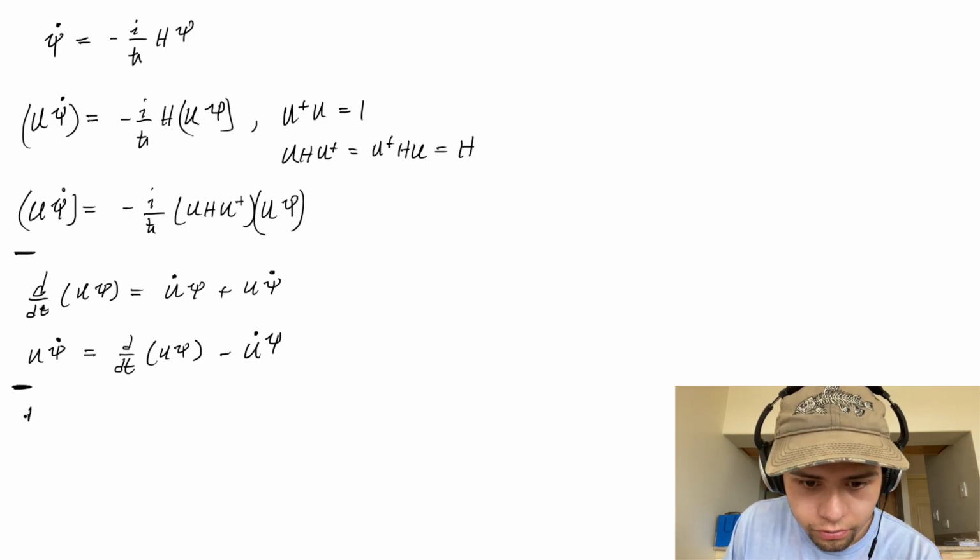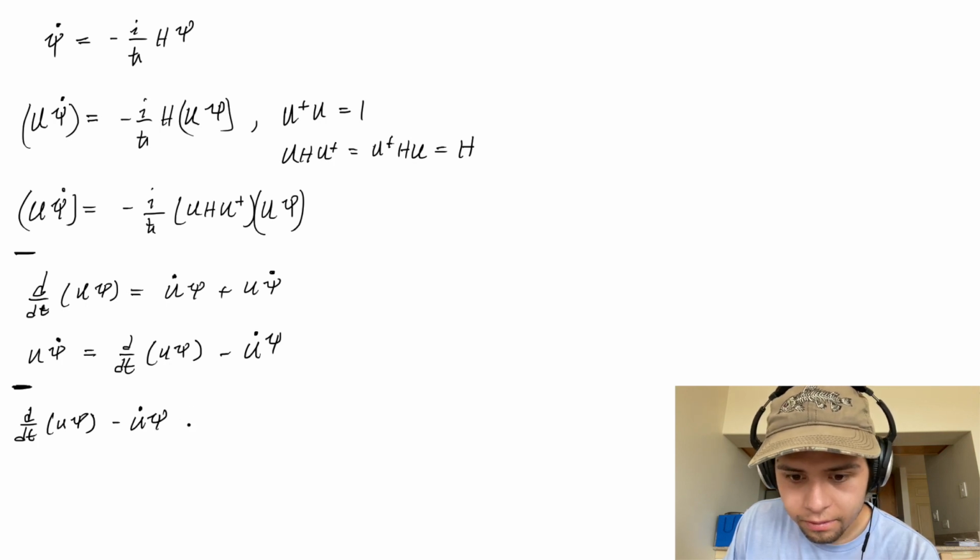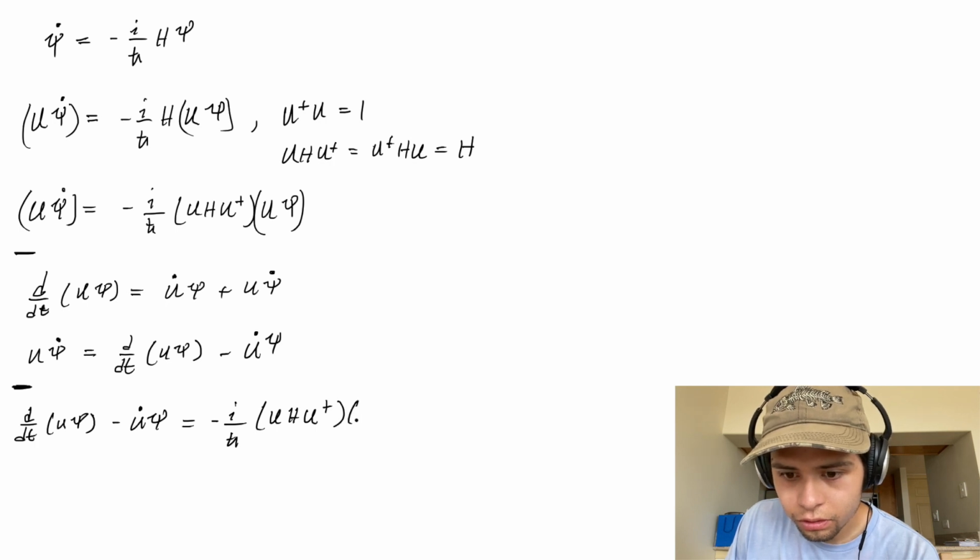So we have d/dt of U psi minus U dot psi is equal to i h bar, and that is U H U dagger U psi.